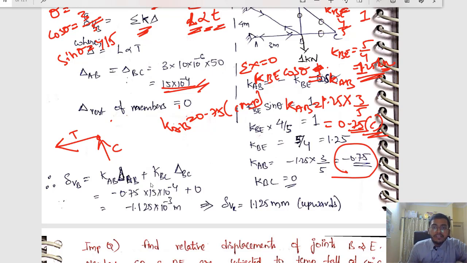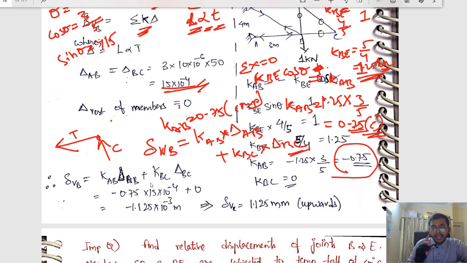Now what you have to do? You got everything. Just do sigma k delta VB, which is nothing but KAB into delta AB plus KBC into delta BC. That is, K and the deflection of the corresponding member. So KAB I got 0.75 compression, so I am taking it as a minus value, into my delta, which was 1.5 into 10 to the power of minus 4.